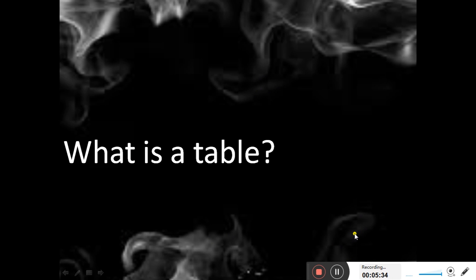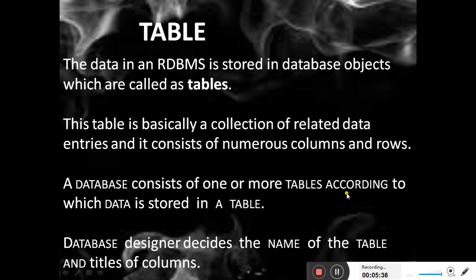Now next one is, what is a table? What do you mean by a table? The data in RDBMS is stored in database objects which are called tables. Whatever data you are going to store in RDBMS in a database is stored in tables. So a table is basically a collection of related data entries.